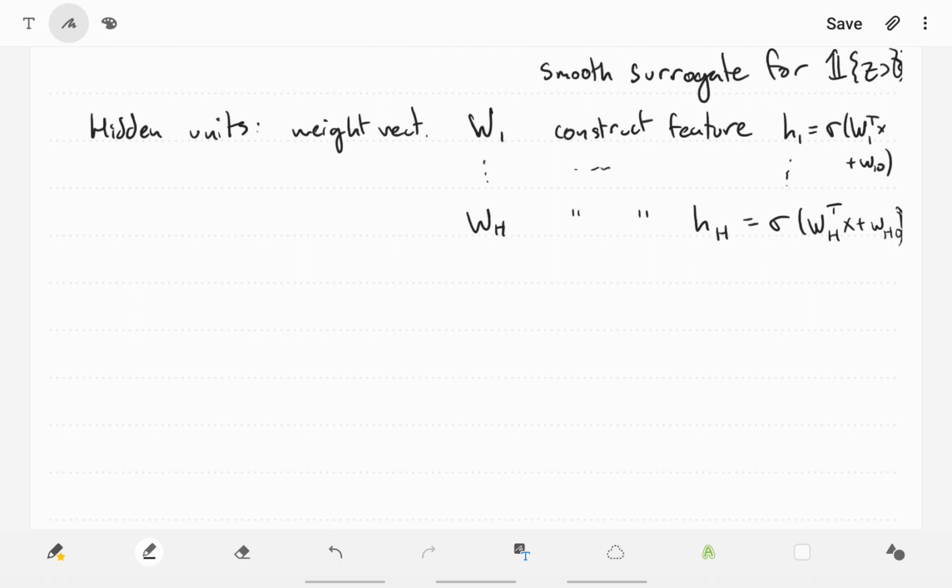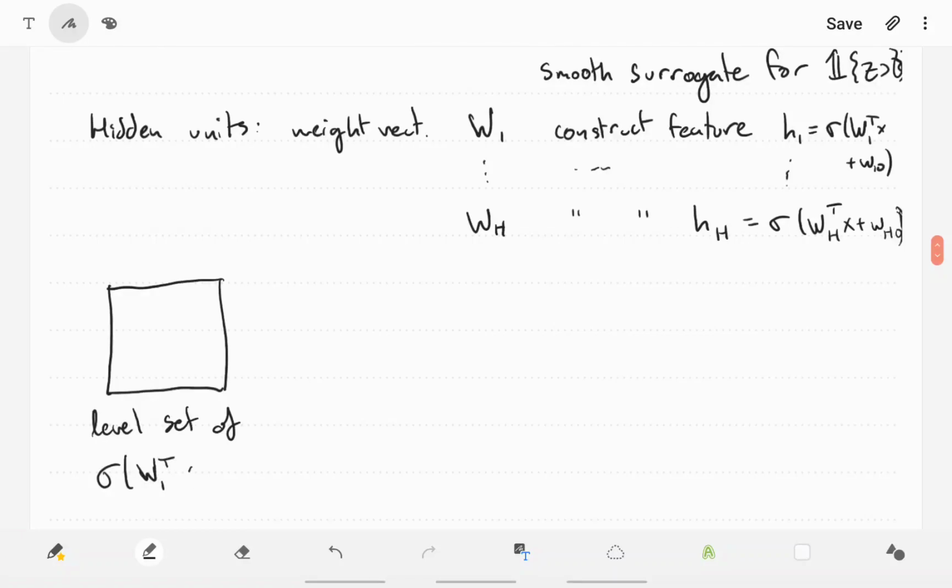So for example, this is actually non-trivial. If we think about the level sets, so let's think about a level set of the sigmoid function applied to some W1 transpose X plus this W1 0. Right?